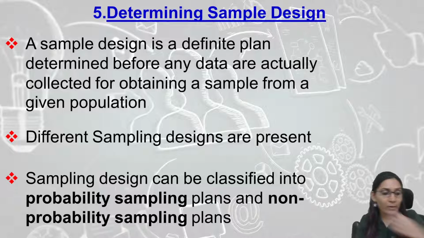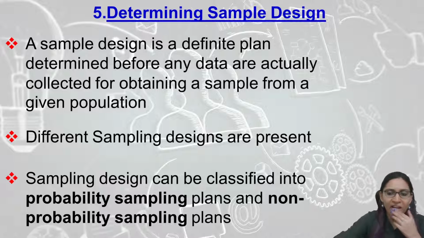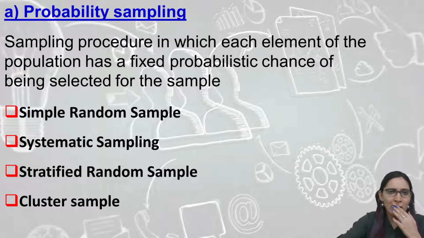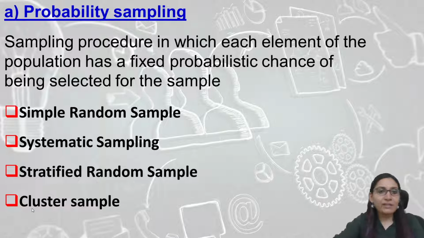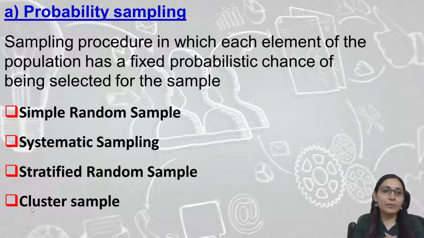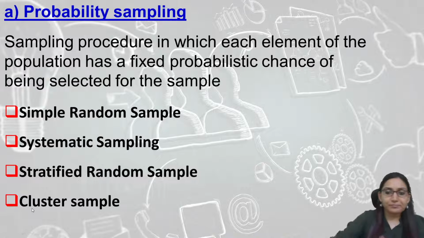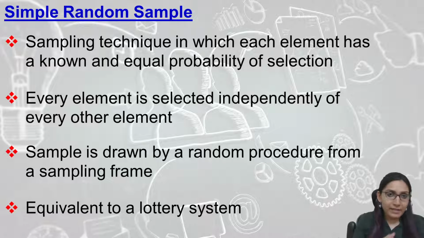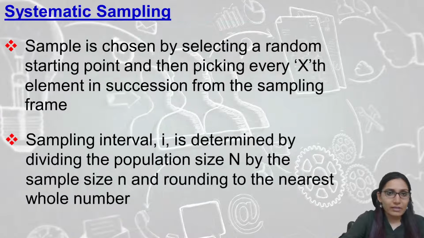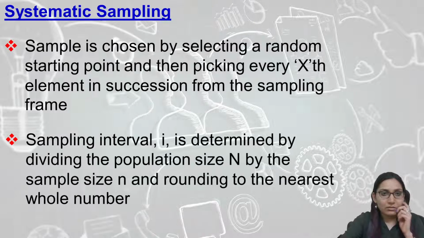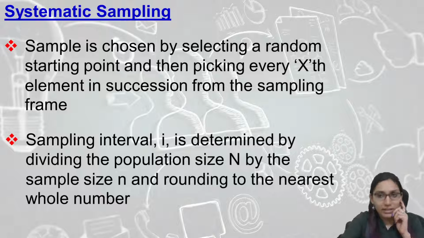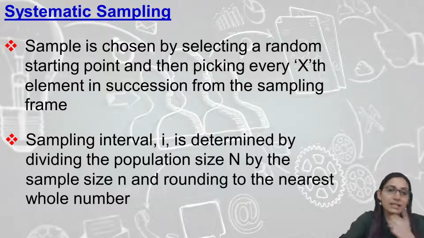Probability sampling is one in which each element of the population has a fixed probability chance of being selected. Different types we have already discussed. Simple random sample, okay. Advantages we have discussed.